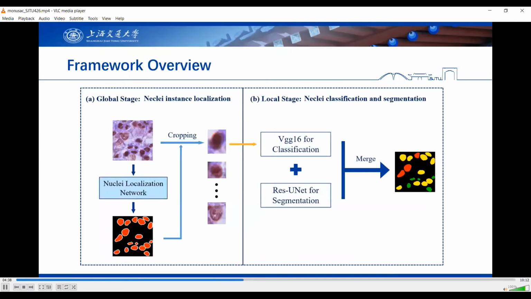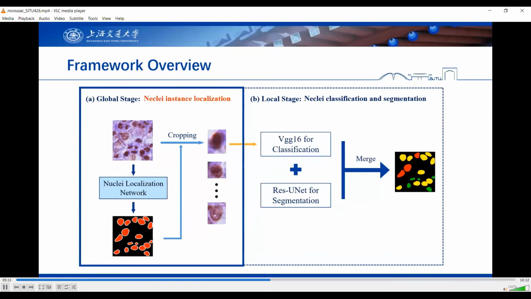Next is the overview of our framework. A 2-level deep neural network is proposed, informing global configuration and accurately describing local appearance, respectively. In the global stage, we achieve nuclear instance localization in a per-pixel prediction fashion. The nuclear localization network outputs 3 probability maps: backgrounds, inner parts, and contours of all nuclei.